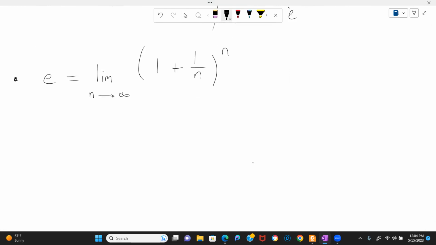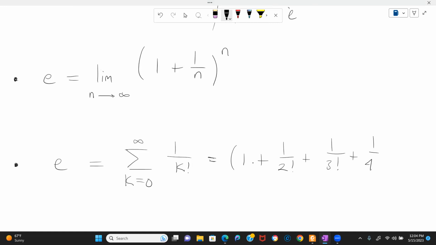If you go to Calc 2, you'll find that e is also this sum right here. This is an infinite sum. If you're not familiar with this notation, that's okay. We will learn about it later. But it's this infinite sum here, and I can just expand it out a bit. So it's like 1 plus 1 over 2 factorial plus 1 over 3 factorial plus 1 over 4 factorial, all the way to infinity.